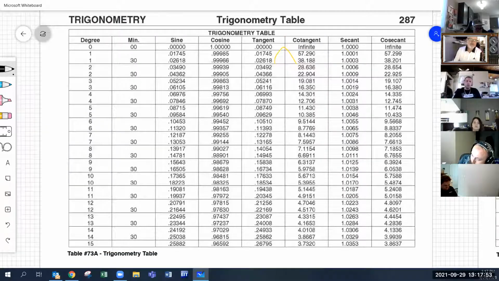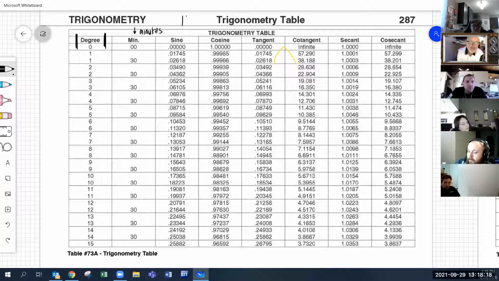Now, anytime you have an angle in degrees, okay? These are the degrees of the angle. This is how much it is angled. Now, this is called minutes. This is minutes. Because 1 degree is based on 60 minutes.